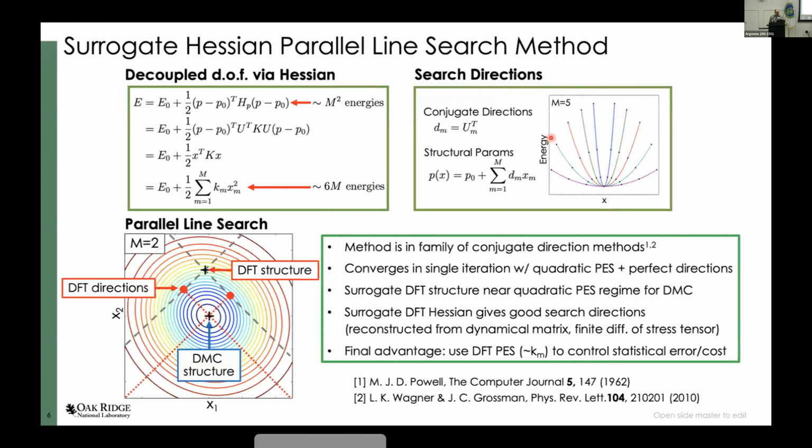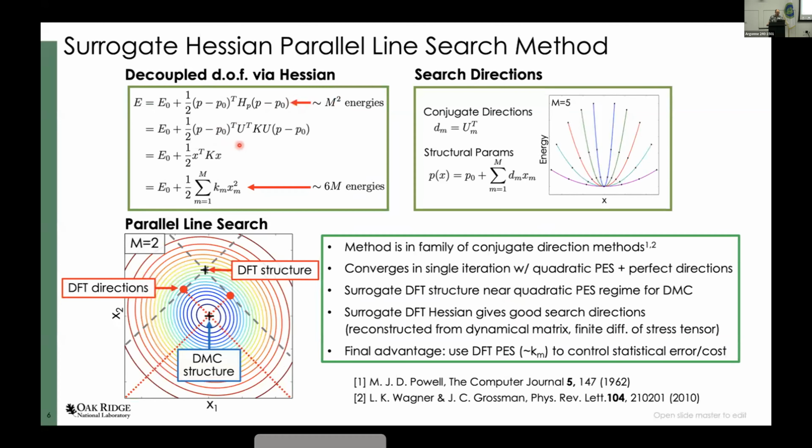So what does that look like? Well, if you imagine that you have your energy, your PES, as a function of the structural parameters, you expand it to second order and you get a parabolic surface. If you're just doing this with energies, you might need something like m squared energy points, where m is the number of parameters you're attempting to optimize.